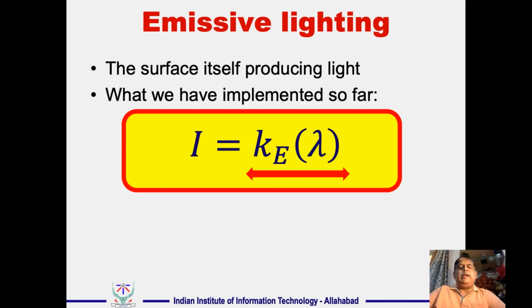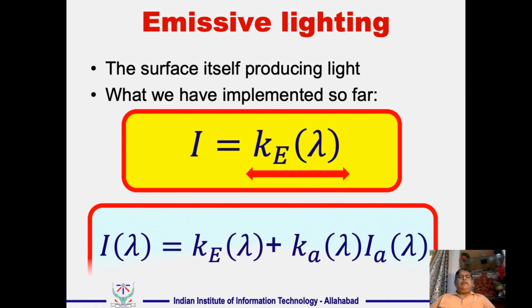What we have implemented so far is I is equal to Ka lambda, that is, through an empirical way, we decide. Of course, I use Ke because it is an intrinsic property of the illumination, and therefore it goes to the property of the object.